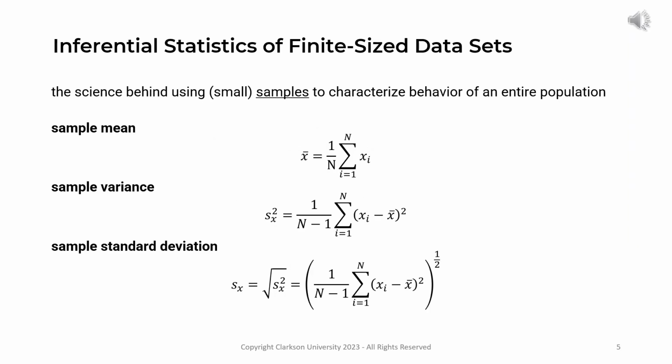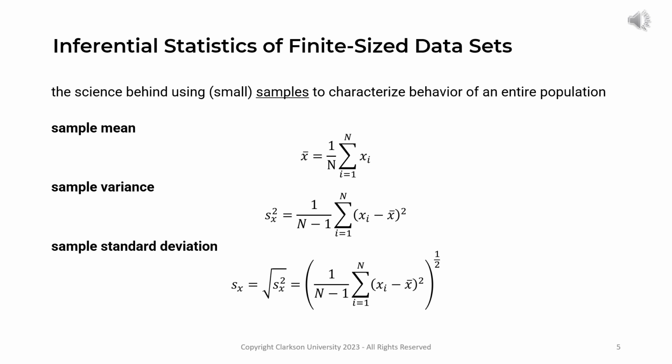Statistics of finite-sized data sets. We now try to predict the behavior of a population of variable x based on knowledge obtained from a finite-sized random sample of x. For example, if we recall the box of bearings discussed previously, some 24 bearings were measured, each having been randomly selected from a population numbering in the thousands.